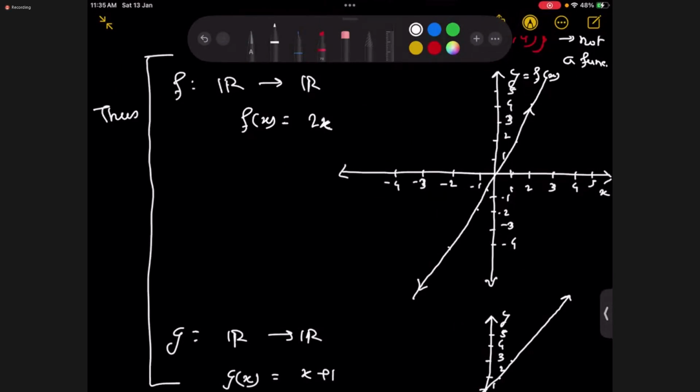Thus you can draw the graph of functions.